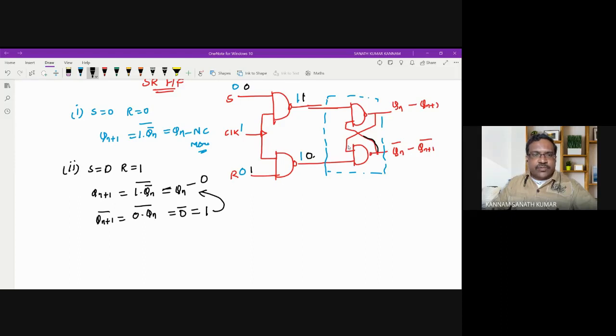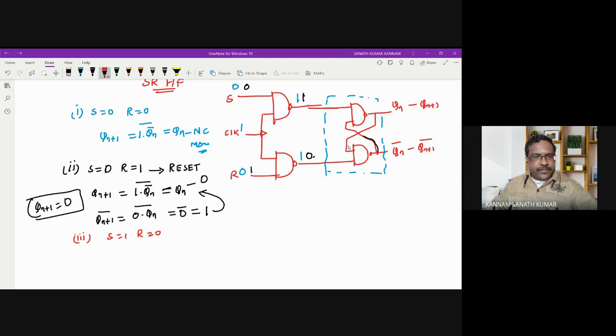So when S equal to 0 and R equal to 1, what I am getting is the reset state, Qn plus 1 equal to 0. Okay, and in the third case, S equal to 1 and R equal to 0.